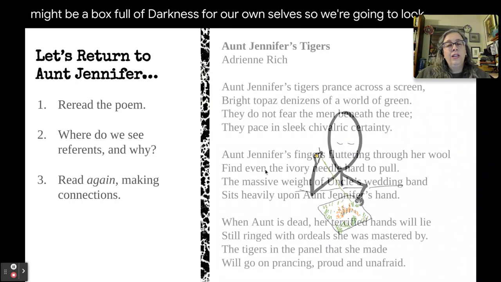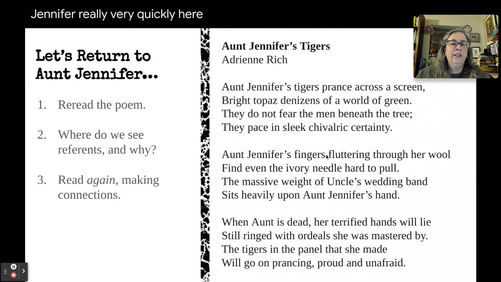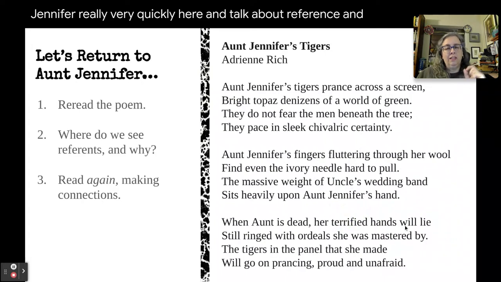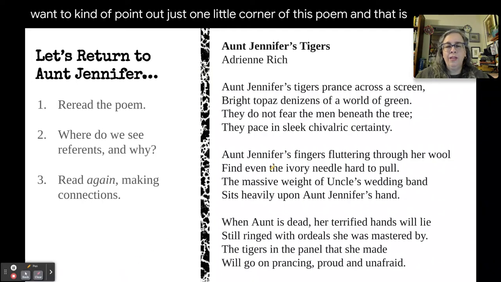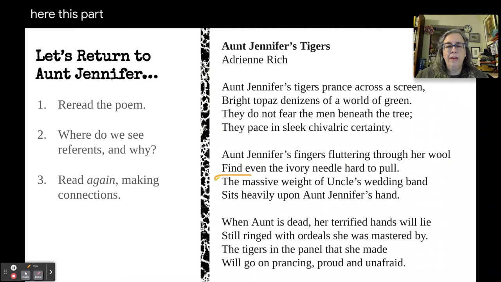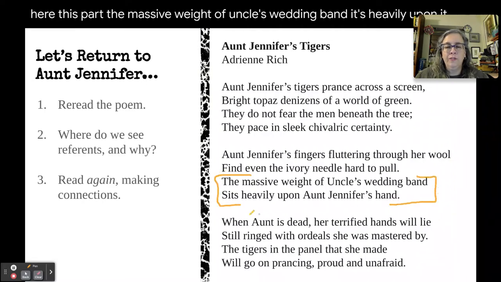So we're going to look at Aunt Jennifer really very quickly here and talk about referents and antecedents. And I want to point out just one little corner of this poem. And that is right down here. This part, the massive weight of Uncle's wedding band sits heavily upon Aunt Jennifer's hand.